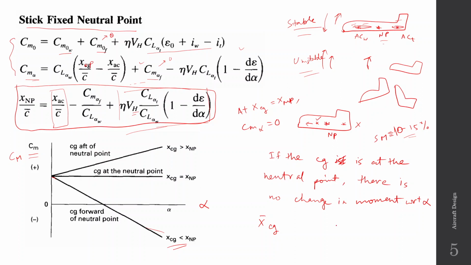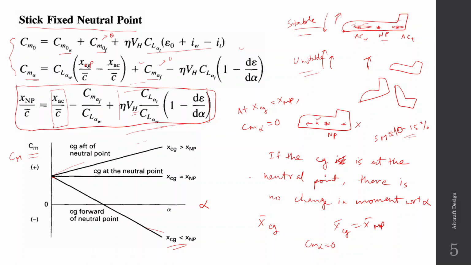And when xcg is equal to xnp, there is no variation of cm with alpha, so cm alpha becomes 0. And when the CG is behind the neutral point, then the aircraft is unstable because it has a positive cm naught and a positive cm alpha slope.